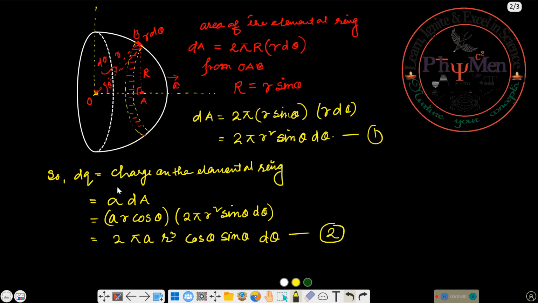Now we have the charge on the elemental ring and charge on elemental area. If we have the charge on this elemental ring, we can use the electric field due to a uniformly charged ring at its axial point, because this center is the point on the axis of this particular elemental ring.